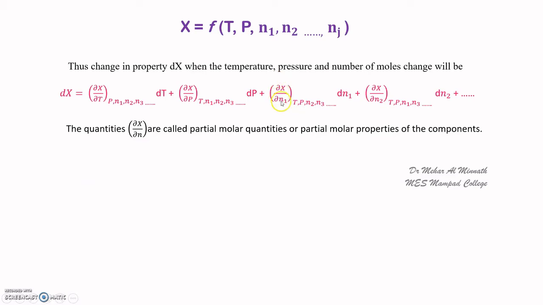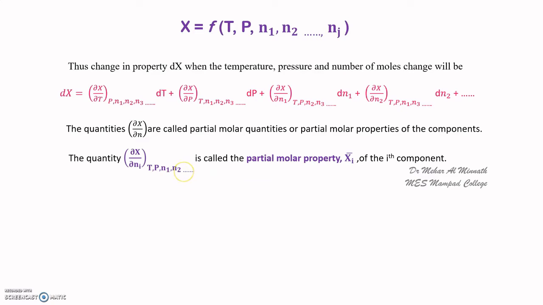So ∂X/∂n_i at constant T, P, n1, n2, etc., is called the partial molar property X bar i of the ith component. You are changing the number of moles of the ith component.